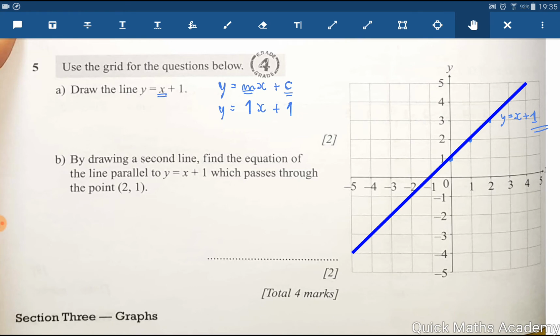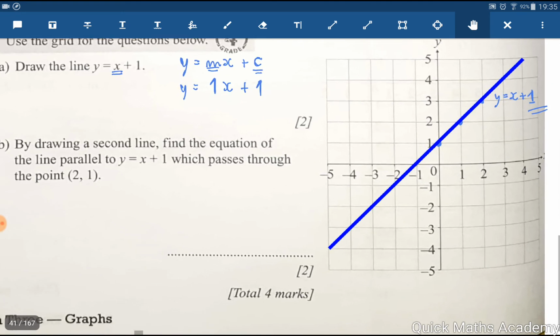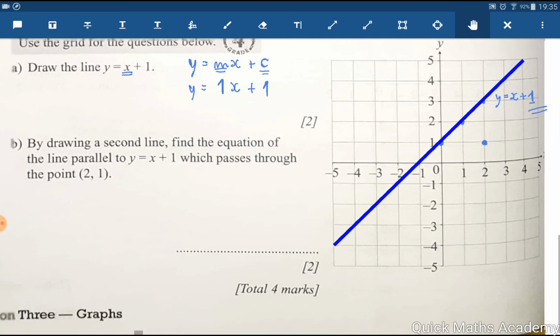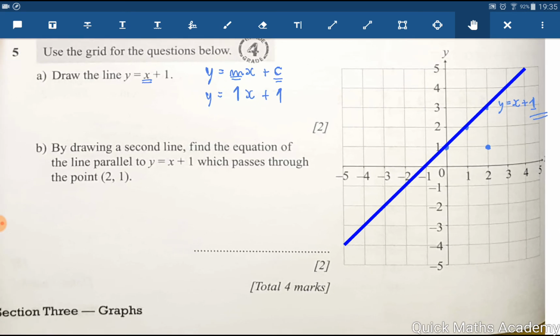By drawing a second line, find the equation of the line parallel to this line, which passes through the point 2, 1. Okay, let me think a bit about it. The point 2, 1 is this point here. If it's parallel to x plus 1, one thing about parallel lines is that the gradient is the same.